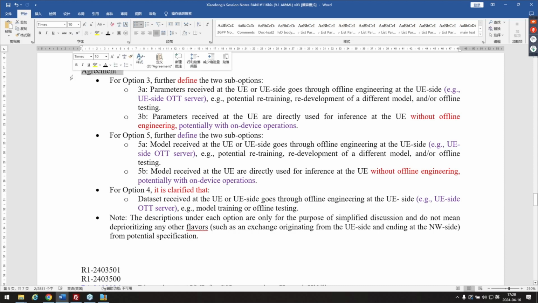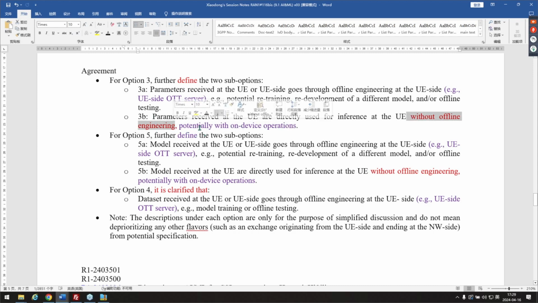Suzuki? Question for clarification, rather: option 3B and 5B is directly used without offline engineering, but is offline engineering debated at the time of directly receiving? I mean that offline engineering may be carried out prior to the receiving transmission.